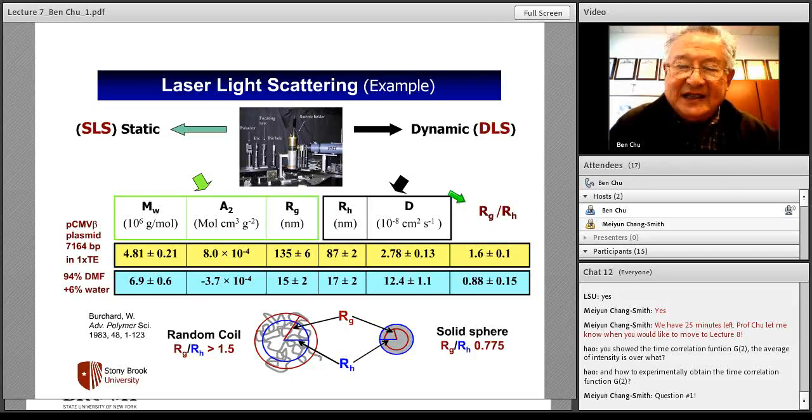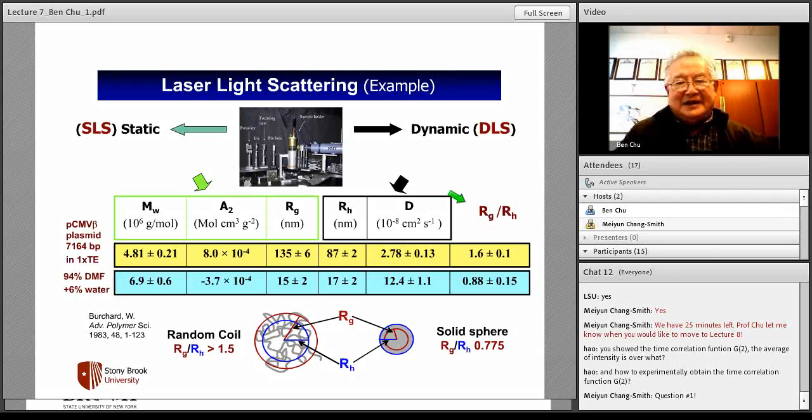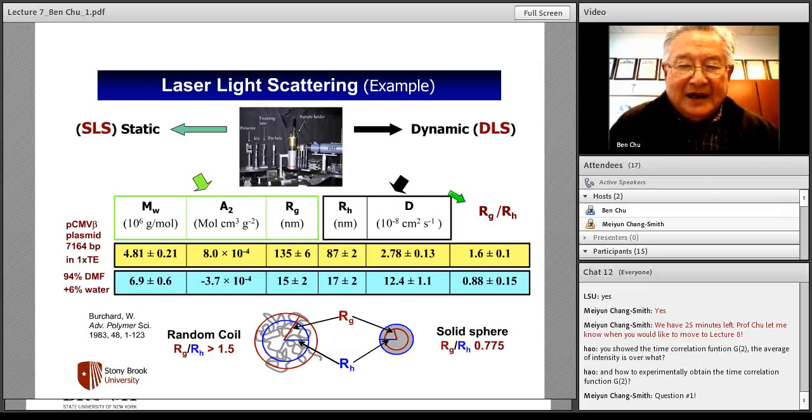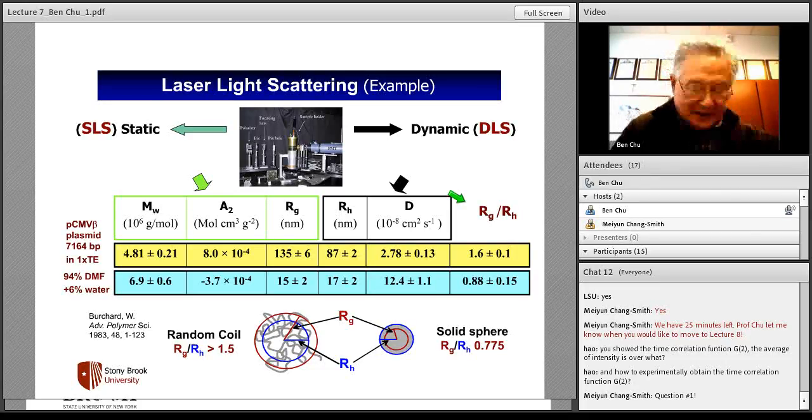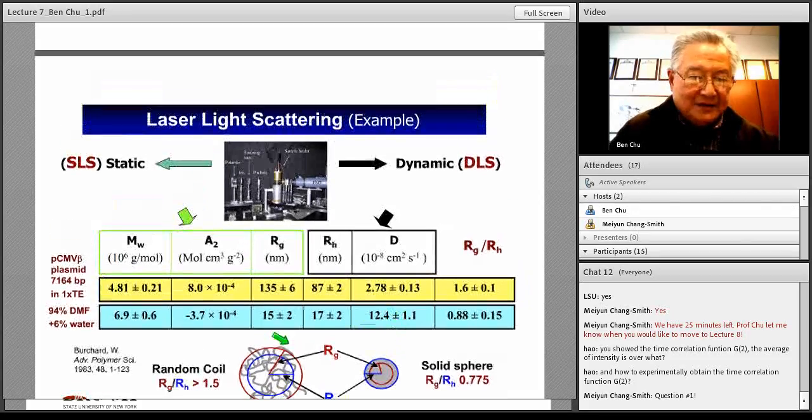So if you change the size by a factor of 10, you change the scattering by a factor of 1,000,000. So in this particular case, you have to be careful in what you are going to deal with. For small particles, there's always a limit of how far you can go.